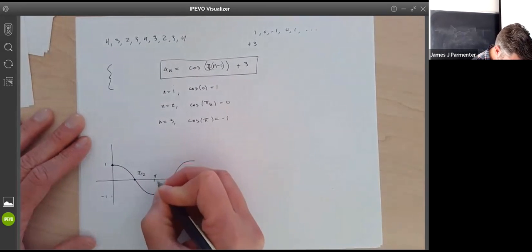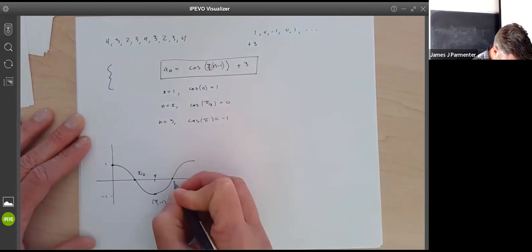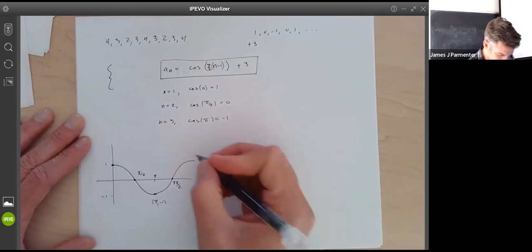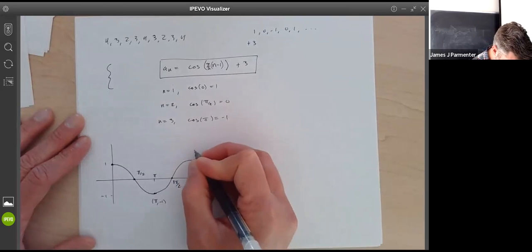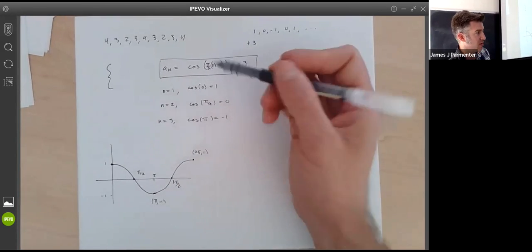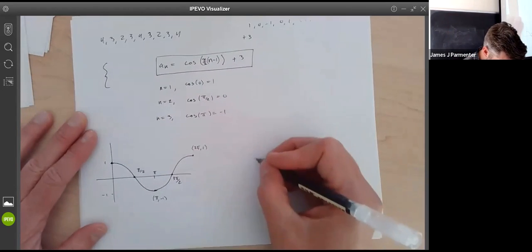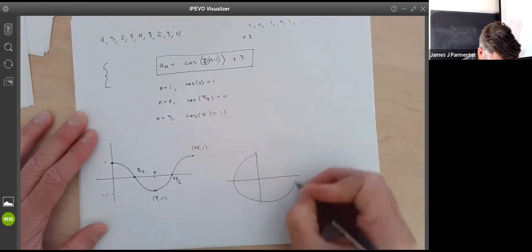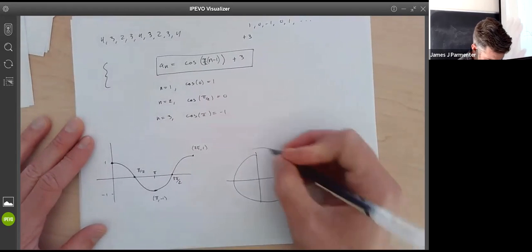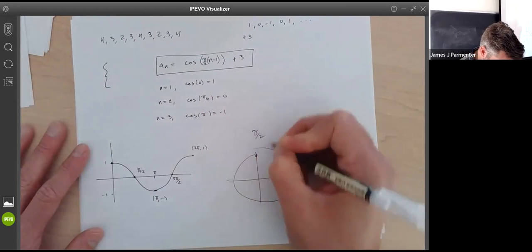At pi, cosine of pi is negative 1. At 3 pi over 2, cosine is 0. And at 2 pi, we're back to 1. So the reason we multiply by pi over 2 here is so that we get every multiple of pi over 2. Because we want to hit all the, for lack of a better word, corners. I know it's terrible to say corners of a circle, but it's what I've always said.